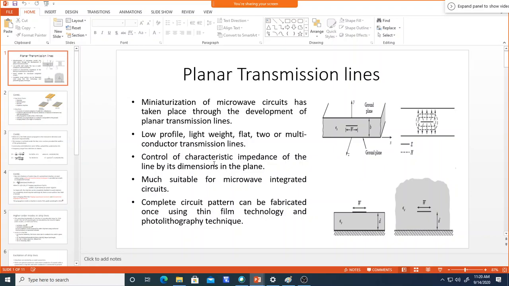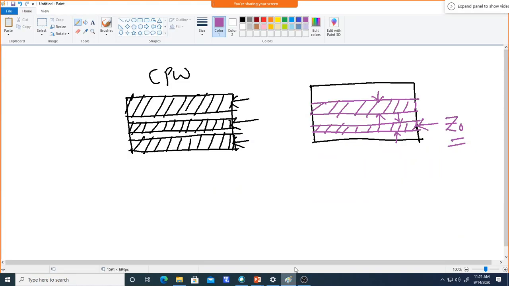For example, if you excite this line with a port, like a coaxial connector, say an SMA connector, we will see how that excitation can be done.